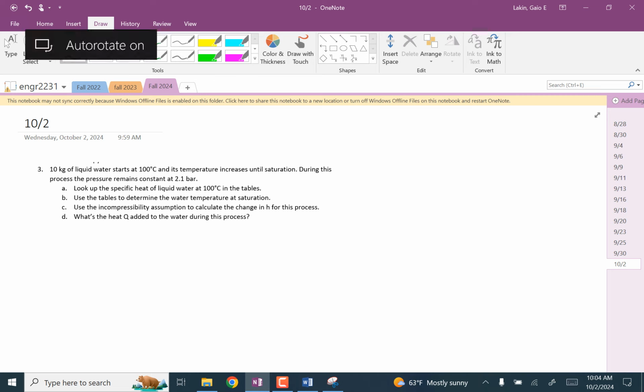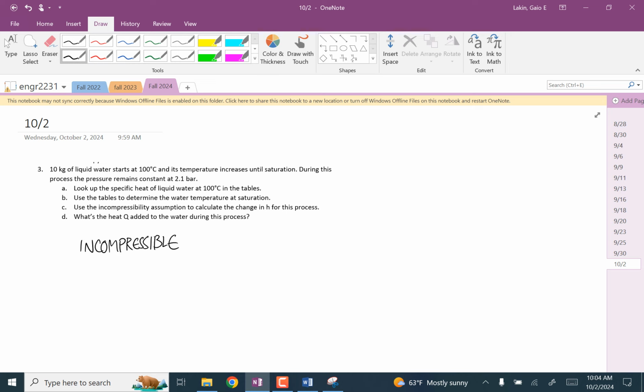Okay. So it's liquid water. We know it's incompressible. And so one of the big things we know is that if we have the specific heat, we can calculate changes in specific internal energy as C times a difference in temperatures.